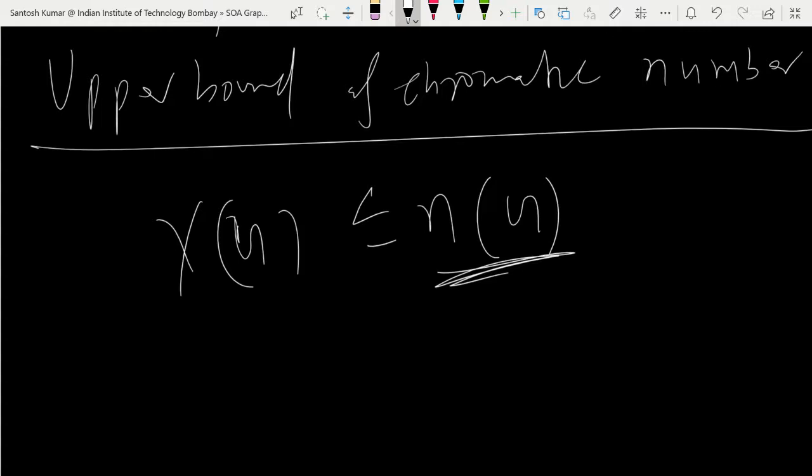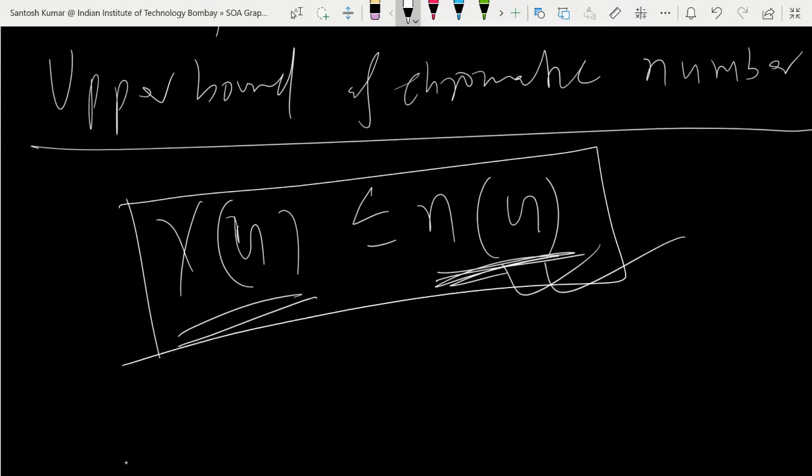If you color all the vertices with different colors, that will be this, and chromatic number is the minimum number of colors required. So this will always happen, but this is very trivial and will not help you much because it is obvious. Since we want the minimum number of colors, the chromatic number must be less than or equal to the number of all vertices.